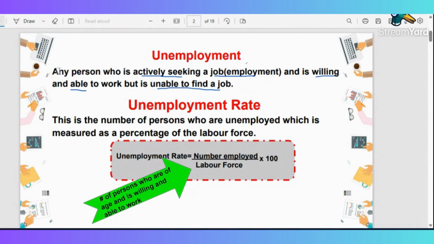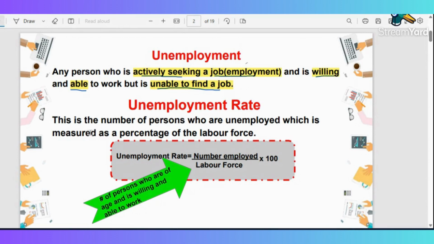So unemployment is a person who is seeking employment and they are willing, keywords here to get your full marks, willing and able to work but unable to find a job.